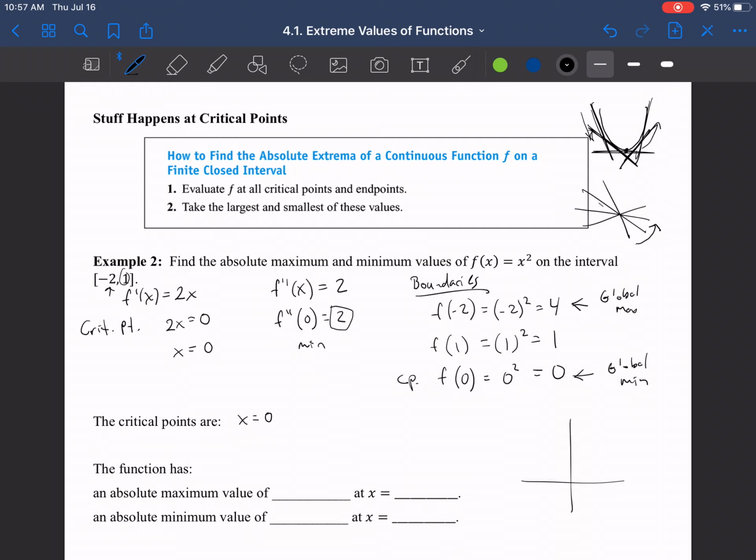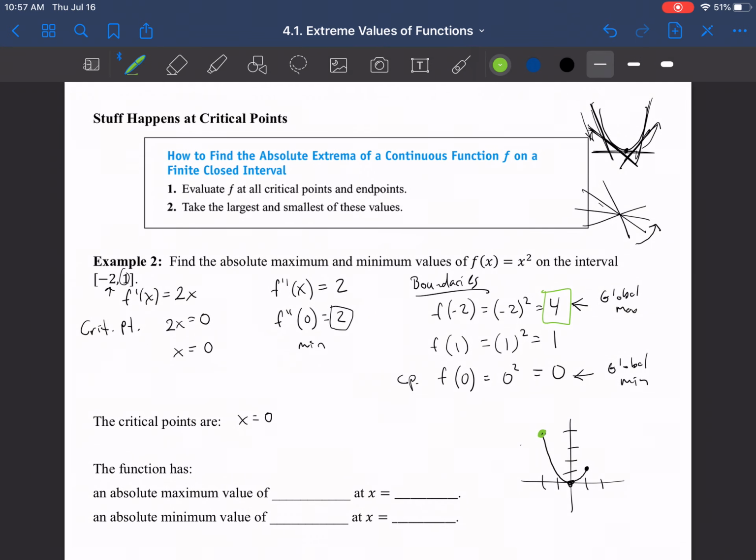If we come and graph this real quick, it goes from -2 like that, 1, 2, 3, 4. So we have the point -2, 4. We go down to the point 0, 0, and then we have the point 1, 1 right there. So our graph looks like this, right? That's our x squared graph. We have a maximum right there, which we found.